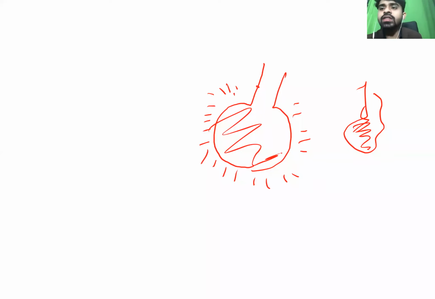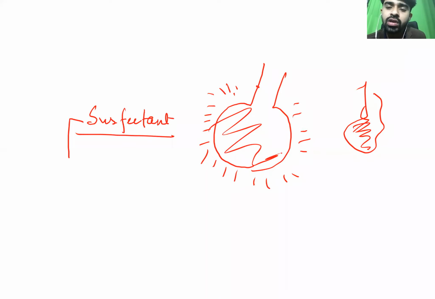This disease, when the surfactant is absent, is not that popular a question, but sometimes I find this question in your NEET exam as well. Surfactant absent in babies, this disease is called atelectasis, or it is also called hyaline membrane disease, HMD.